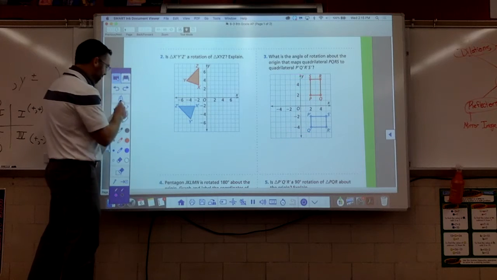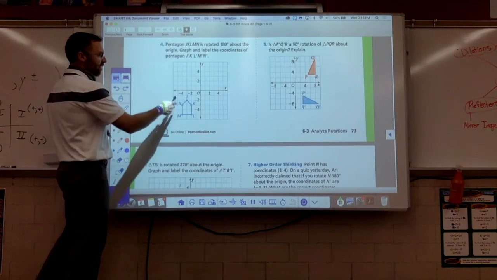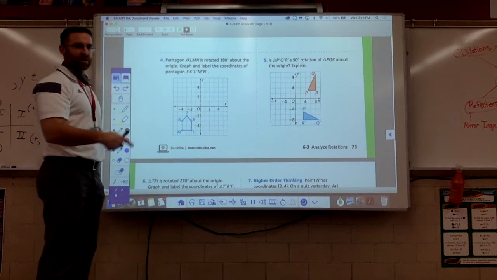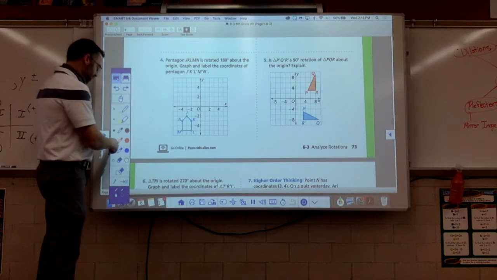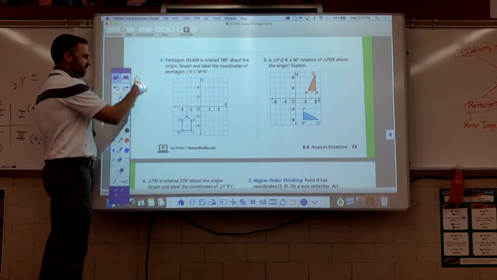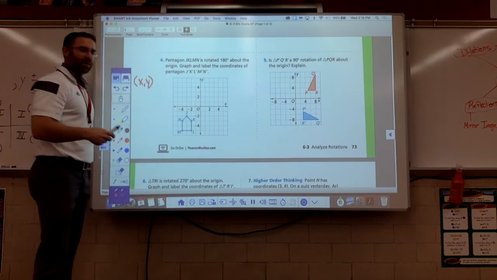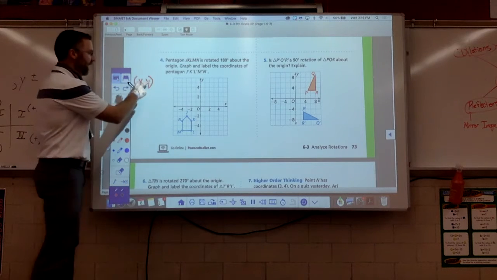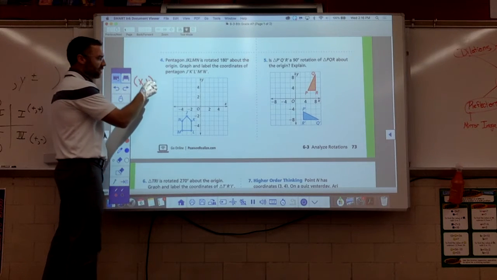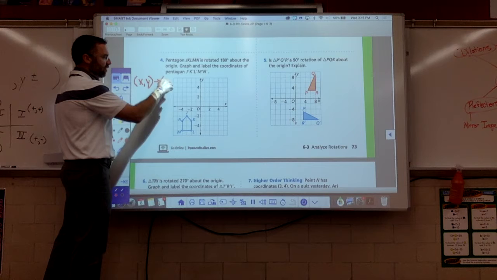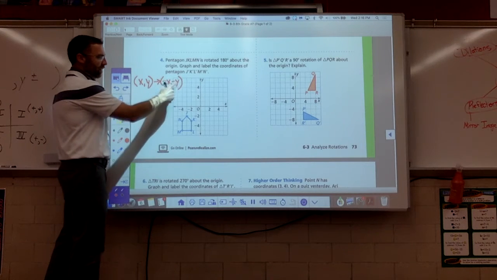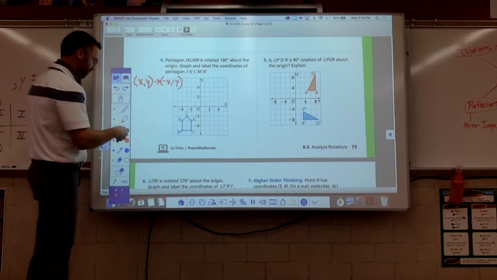Moving down, number 4 says, graph and label this pentagon after a 180 degree rotation. Well, if you reference your table in your book with the rules, to rotate an ordered pair 180 degrees, all we do is take the opposite of the x value and the opposite of the original y value.